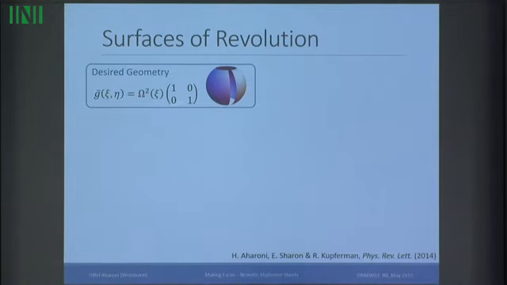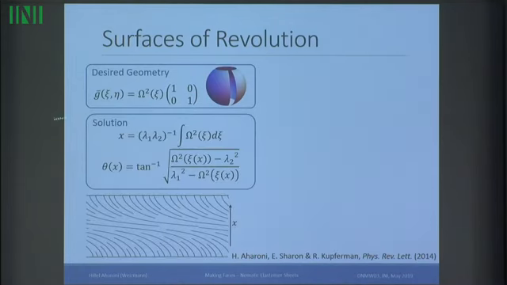So the metric tensor would look like this, where the factor only depends on one of the coordinates. And what we showed in this case is you can find a coordinate transformation to a new coordinate x by solving this integral equation, and finding a director field as a function of x, and eventually make a ribbon with a director field that only depends on this coordinate x, on the width of the ribbon.